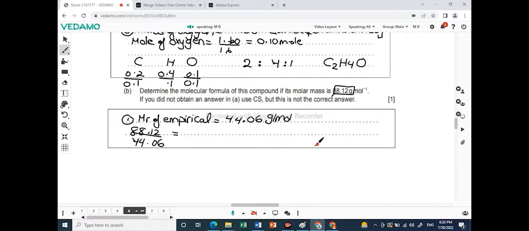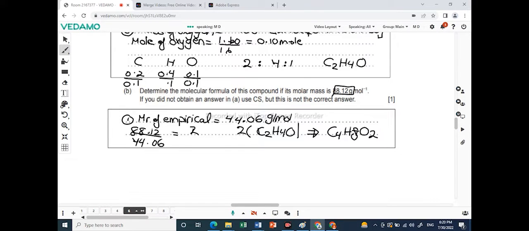And this one will give me a 2. So now I will take my 2 and multiply it by my empirical formula, which is C2H4O. And my final answer will be C4H8O2.